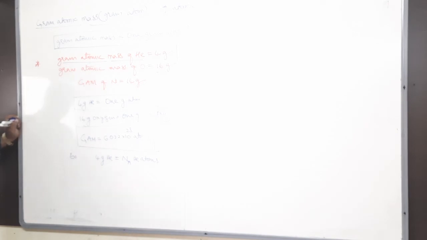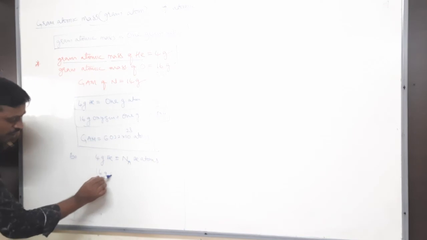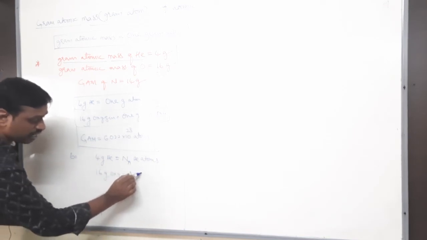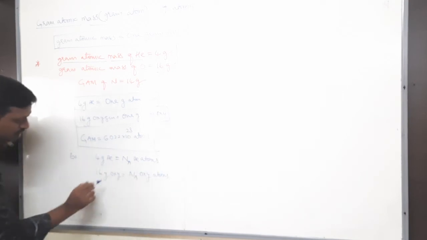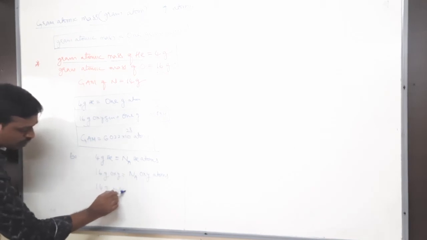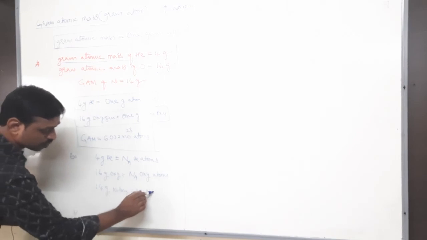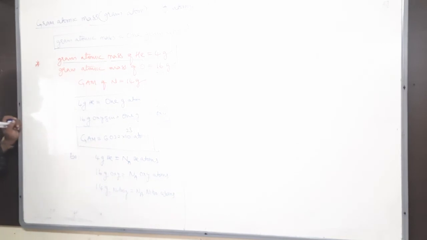Similarly, 16 grams of oxygen equals Na oxygen atoms. Similarly, 14 grams of nitrogen equals Na nitrogen atoms. That means gram atomic mass is always equal to the Avogadro number of atoms.